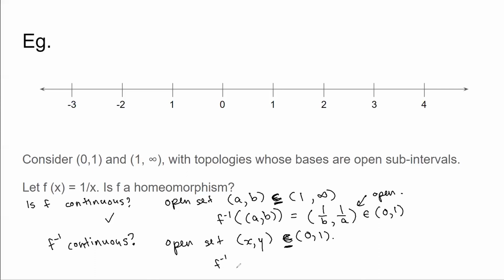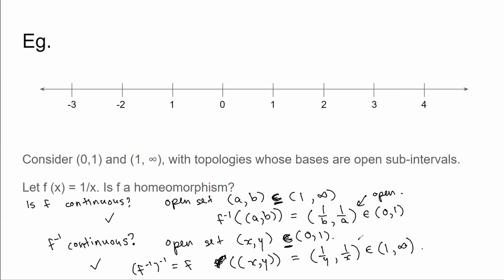Then f inverse, which is just f of (x, y), is going to be (1 over y, 1 over x), which is an element in (1, infinity). So I have that f inverse is also continuous because this is open as well.